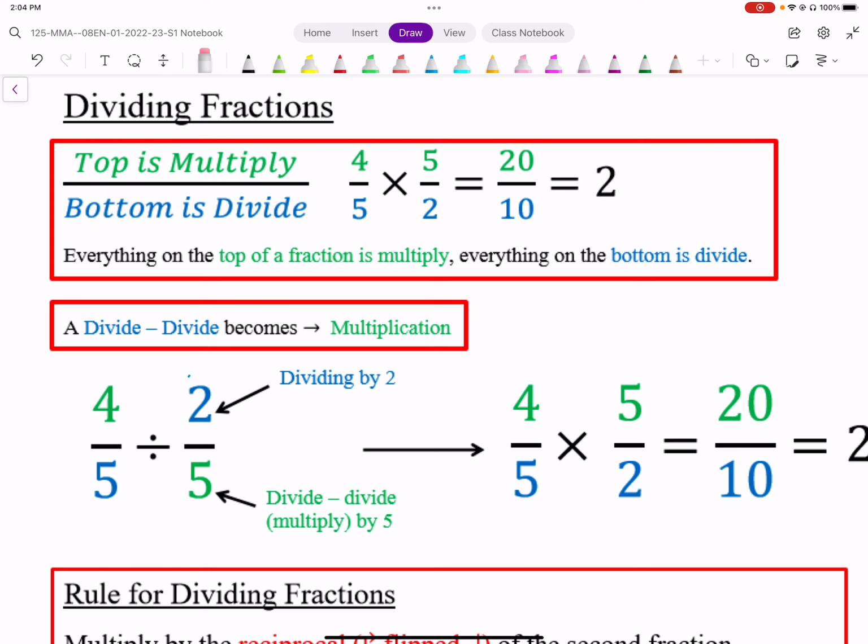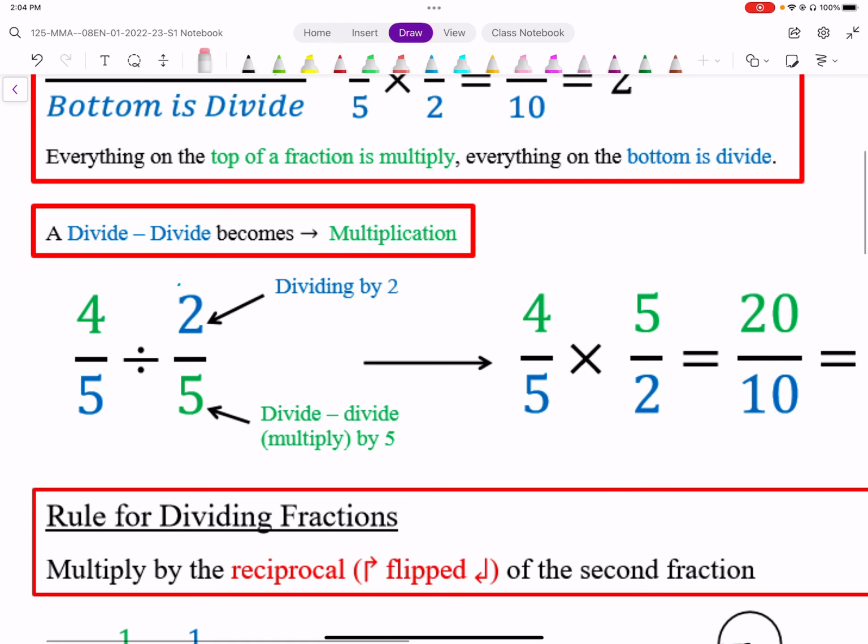The other thing we're going to add to divide fractions is this idea that a divide really is a multiplication. Or it's another example of where we have an opposite goes back to the original. So divide is opposite, so we have opposite becomes times.